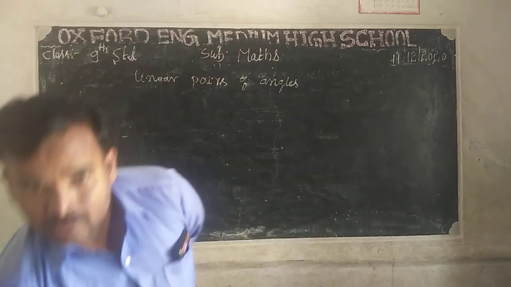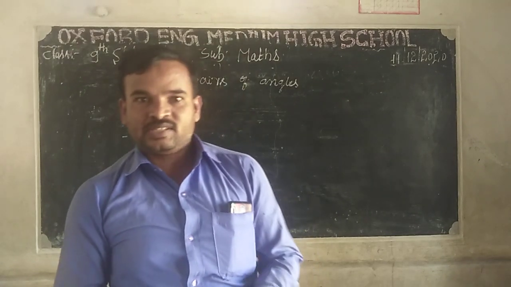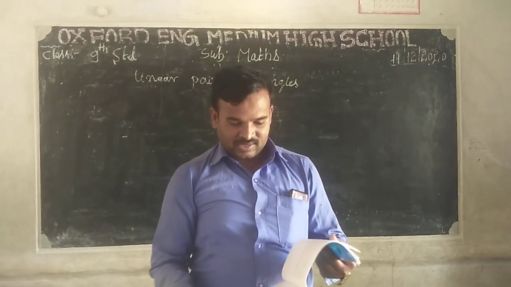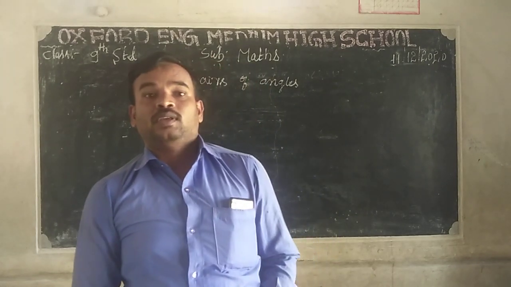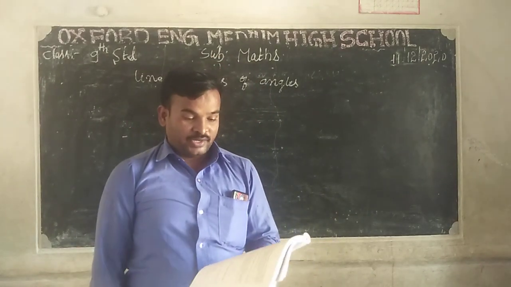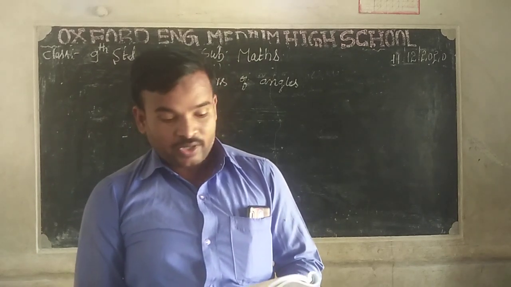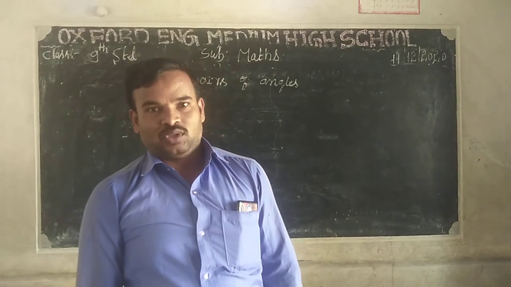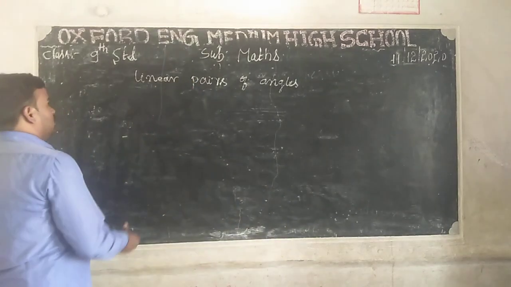Next, we move towards one important theorem on linear pairs of angle. Theorem 3.1 states: if two lines intersect each other, then the vertically opposite angles are equal. It is a very easy theorem.